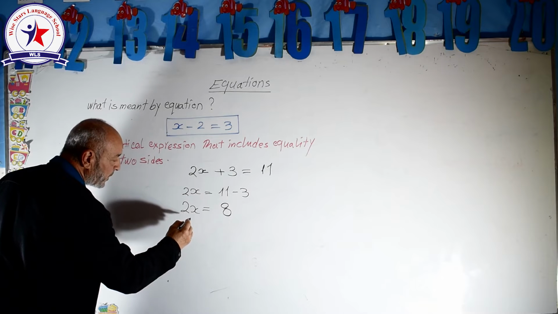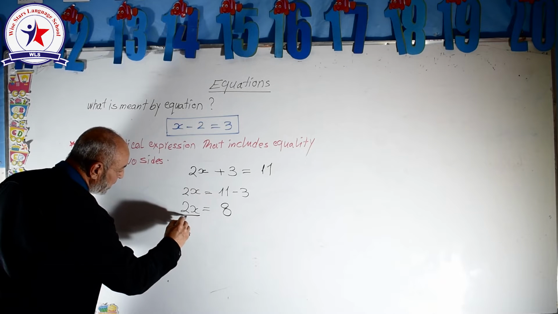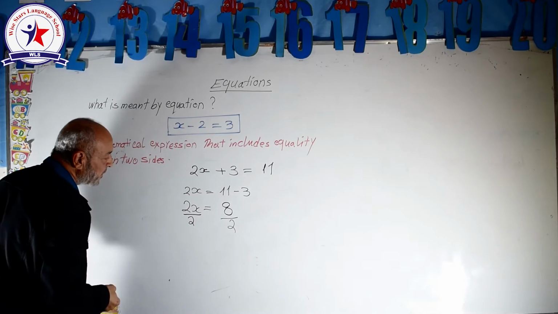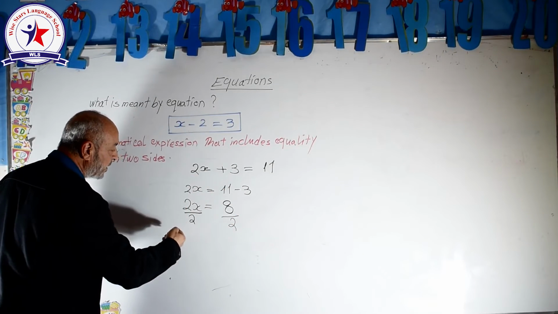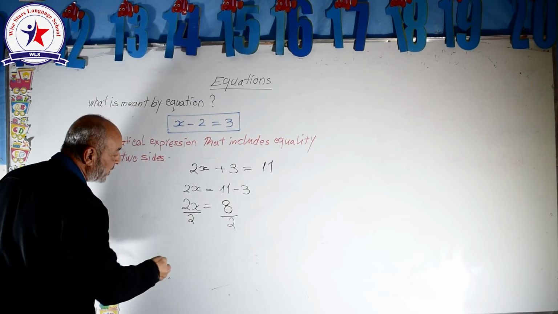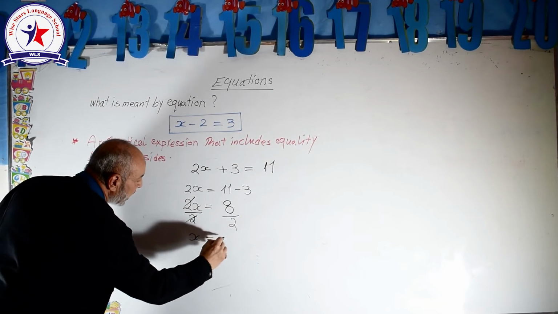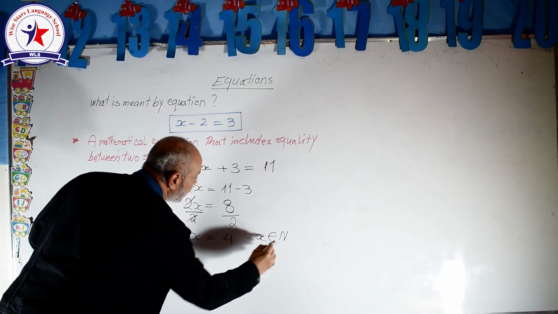So what do we do? We divide both sides by 2, because we have 2x. Suppose you have 3x, you divide both sides by 3. Suppose you have 5x, for example, you divide both sides by 5, and so on. Now x equals 4, and x belongs to N.